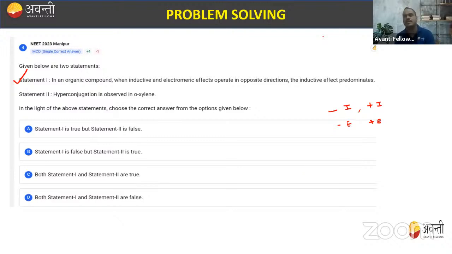Always remember, beta, it is not necessary that the inductive effect dominates. The inductive effect is shown by a compound having a withdrawing group attached, which shows the minus I effect. When a donating group is attached, it shows the plus I effect. So the statement that the inductive effect predominates is not correct. Always remember, the electromeric effect dominates.